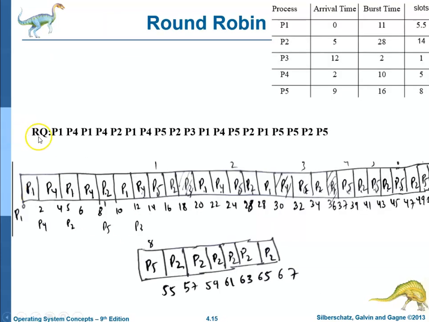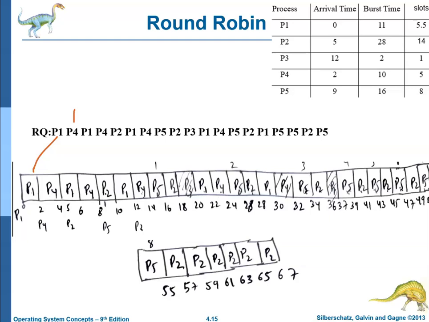Here you can see the sequence of processes that are going to appear in the ready queue for this numerical example. At time 0, assume that only P1 is in the ready queue, because only process P1 is in the system. P1 is given execution on the CPU. At time 2, P4 enters the system, so it is added to the ready queue.